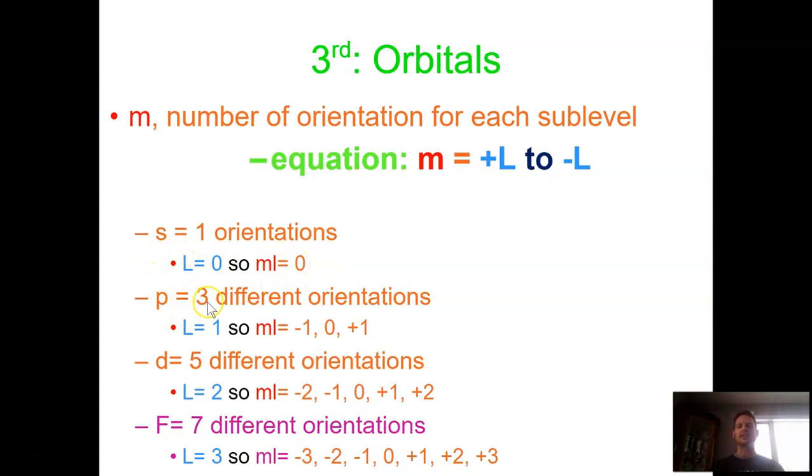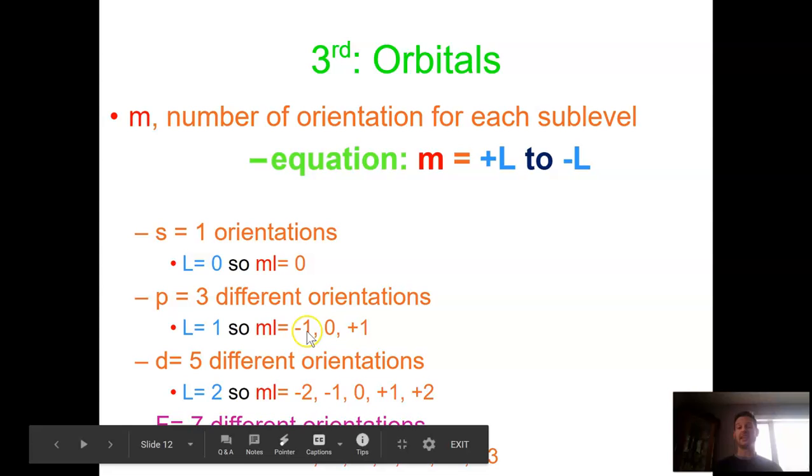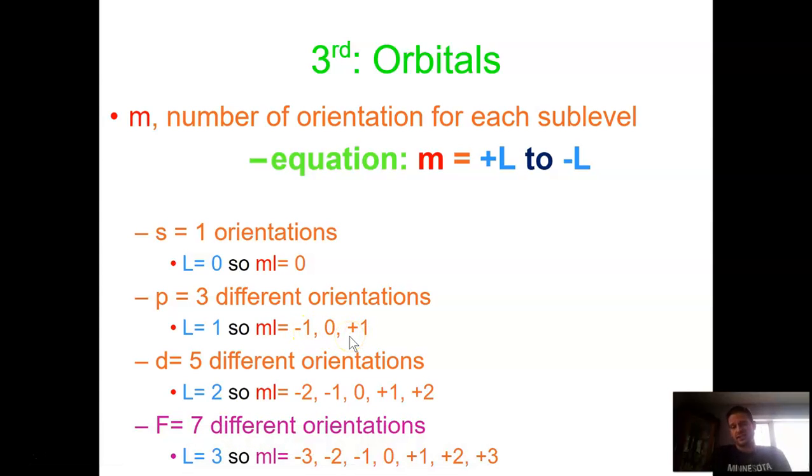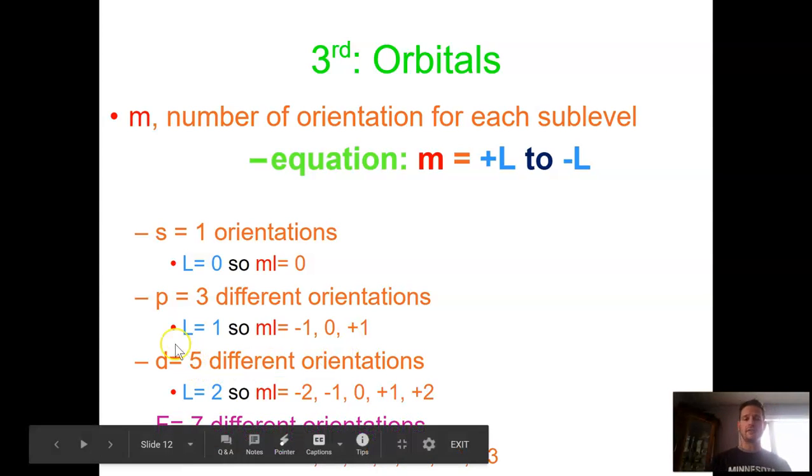My P's, these are a 3-street city. So there's 3 streets in my city, and in order to name those streets, I have a -1 street, a 0 street, and a +1 street. These are just the names of our streets. If I live in a bigger city, if I have 5 streets, if I'm a D and I have 5 streets, that means my L equals 2.